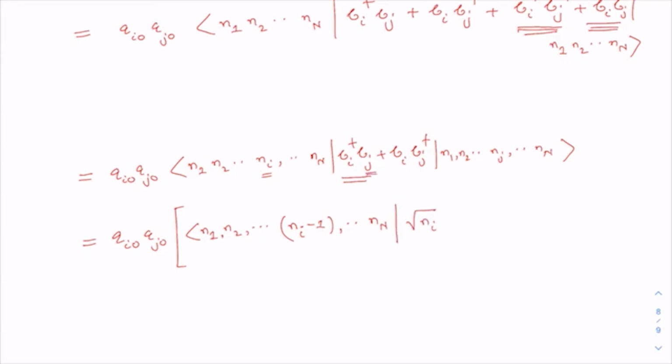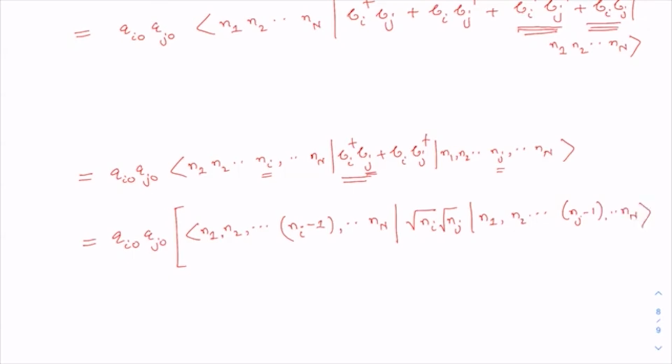Similarly, when b_j operates on n_j, you will get the square root of n_j, and here you will have n1 n2 and so on, where n_j becomes n_j minus 1, up to n_N.